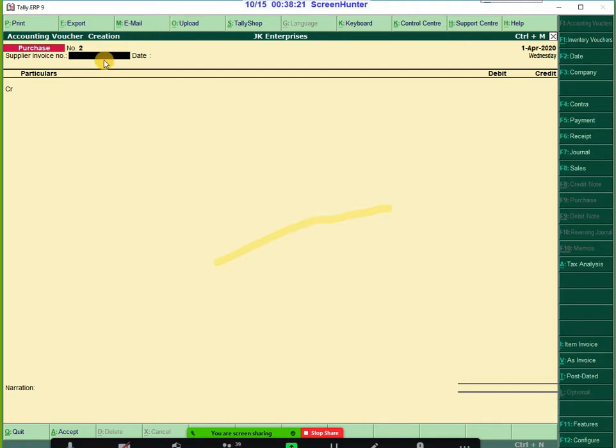Supplier invoice number, purchase in brackets Rajesh and Company, voucher number, whatever the voucher number, date will be 4th April 2020.